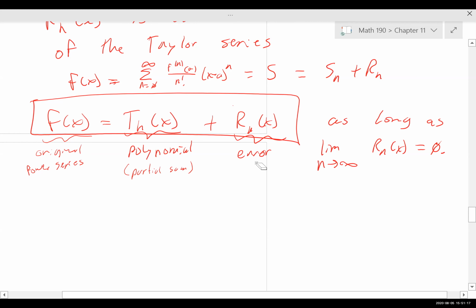That's the remainder, or what we would call the error. Let's look at Taylor's inequality here.